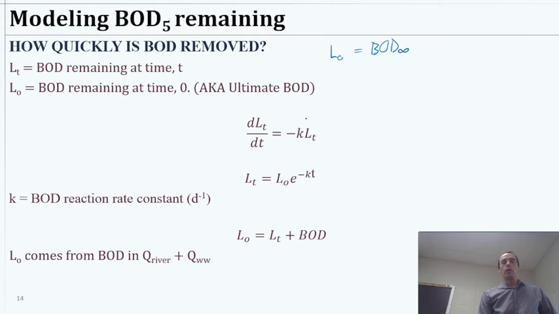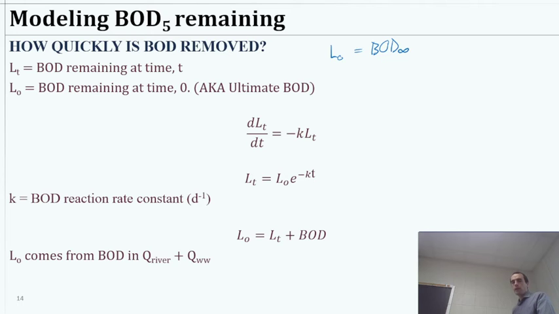This would give us a BOD reaction rate constant, the rate at which it's being degraded over time. First order decay, so Lt equals L naught times e to the minus kt.